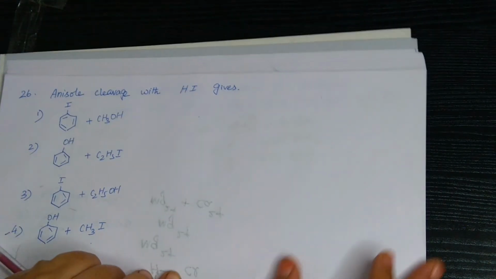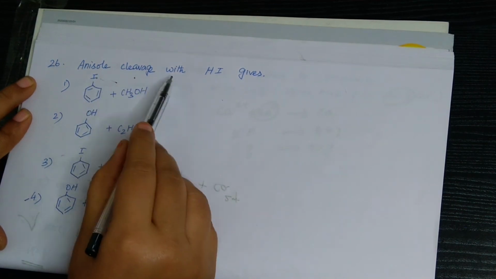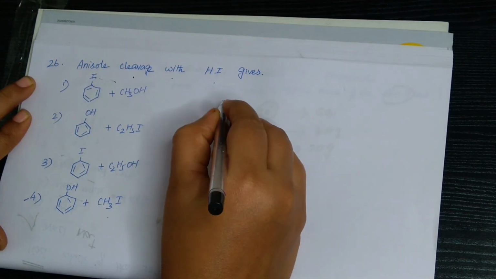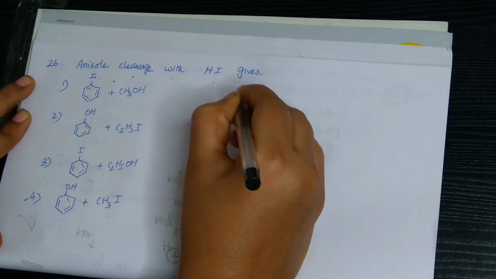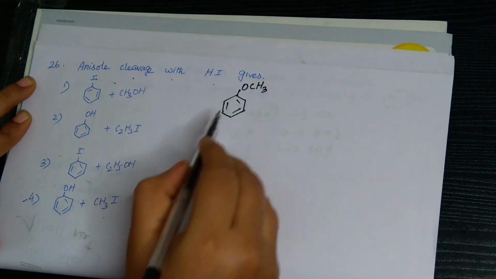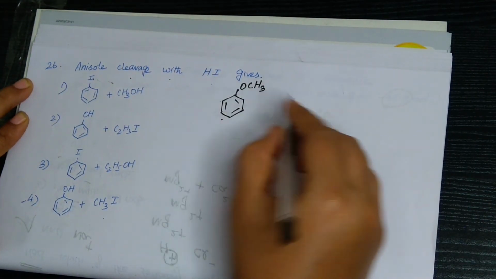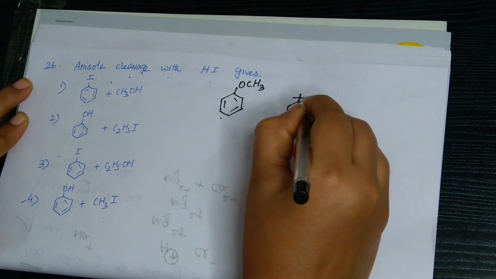Then moving on to the next question. Anisole cleavage with HI gives. So what is anisole? It is an ether. OCH3 is anisole. In this case, the cleavage can be in two places. See, one is here.